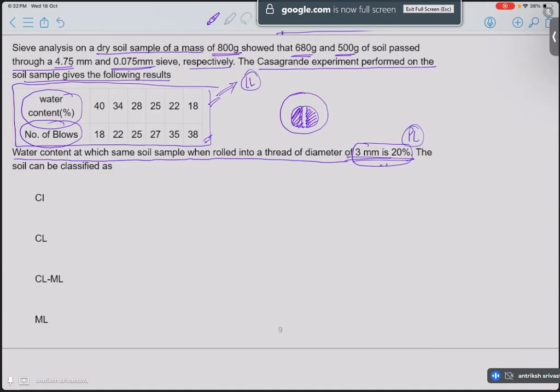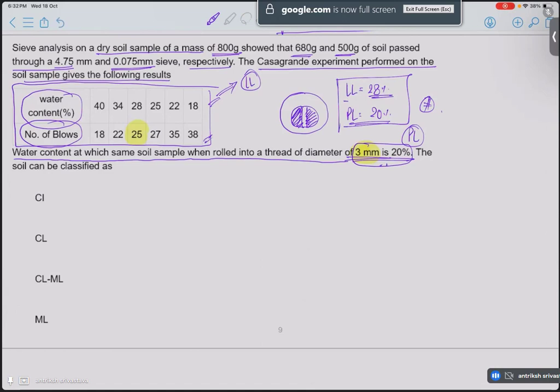If you look carefully, we are given the water content corresponding to 25 blows, and the water content corresponding to the 3 mm diameter of our thread. So we are clearly given the liquid limit, that is 28%, and the plastic limit, that is 20%. These two we can quickly identify.